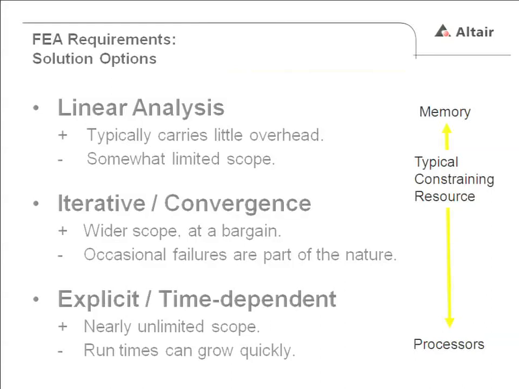And then with the explicit codes, you don't typically have that huge memory requirement, but you can increase your speed, well, not exponentially, it's kind of inversely linear. You can increase your speed by using more processors. You can throw more processors at it. And they're typically more scalable than a linear analysis. So that's the way I think memory and processors.